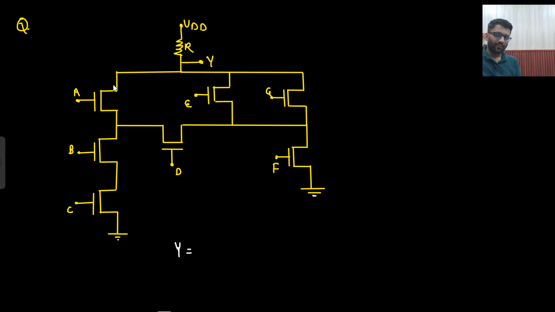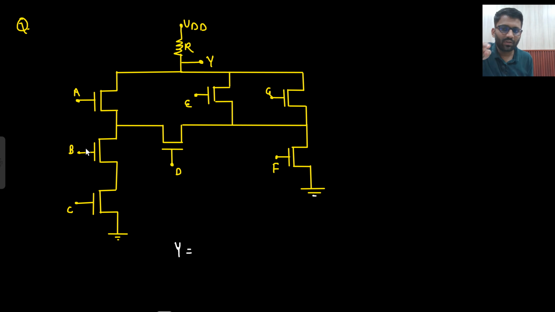If this circuit gets a short circuit path here, that means Y will be 0. So I am checking when my Y can be 0. If I get to know when Y can be 0, I can simply put a bar on that. That will be my expression. Are you getting this point?